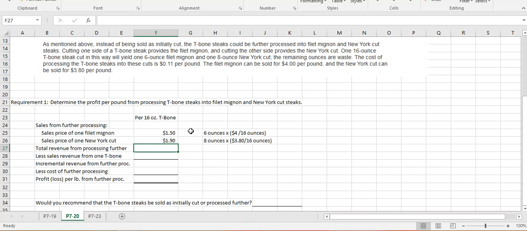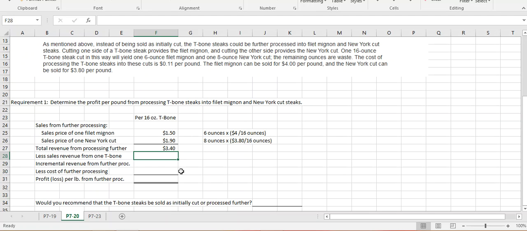So if we were to process a T-bone further, we get the filet and we get a New York cut, and those would be worth $1.50 and $1.90. So the total revenue from processing further, just the total of those two things, is $3.40. Okay, so that's the sales from processing further.